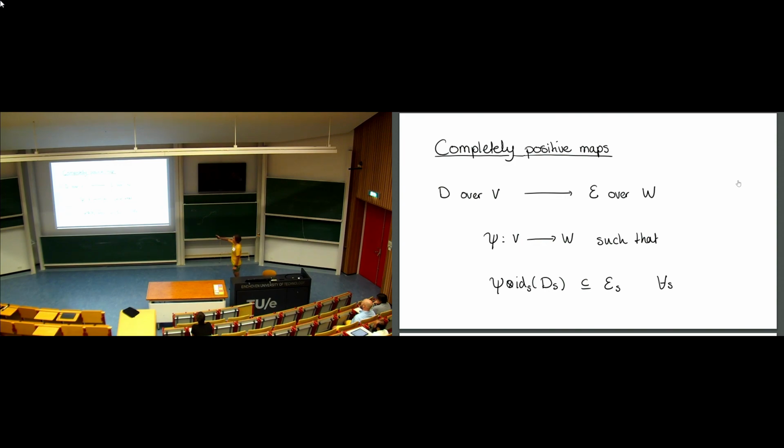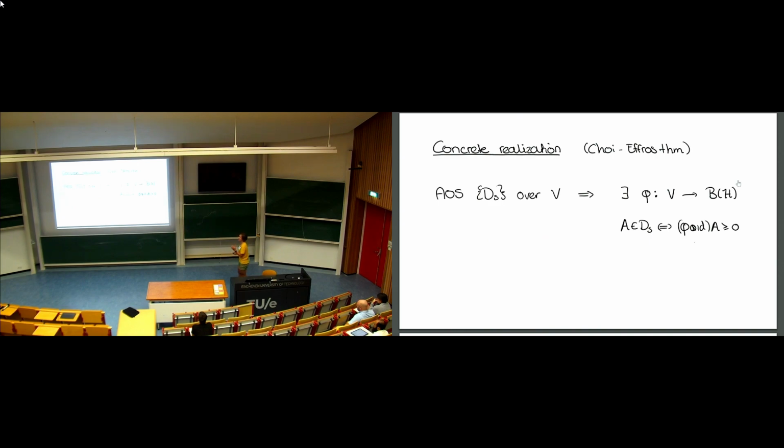So if we have an operator system D over V and E over W, then a completely positive map maps V to W in such a way that all the cones in all the different levels are preserved under that map. So if we just use an identity on the matrix part of the tensor product, then we end up in the right cone. This notion will come back shortly.